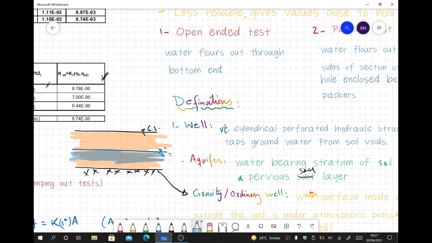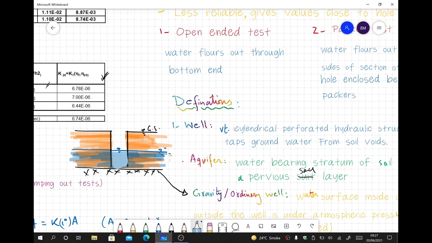So this is the initial condition, and once I make a borehole or a well inside the ground, this is the well that I'm making. Once I make the well, what will happen? The water table inside it will remain the same.